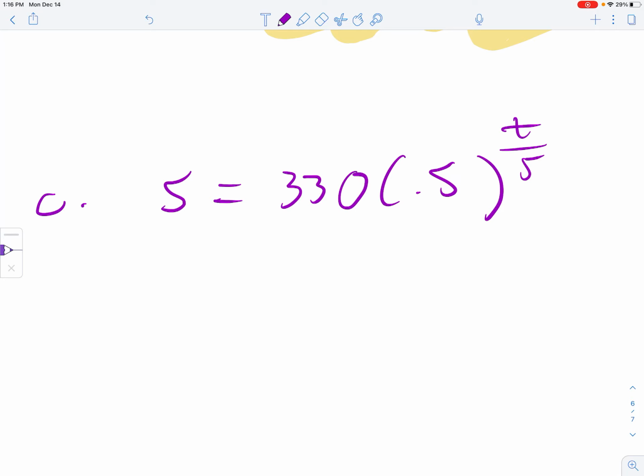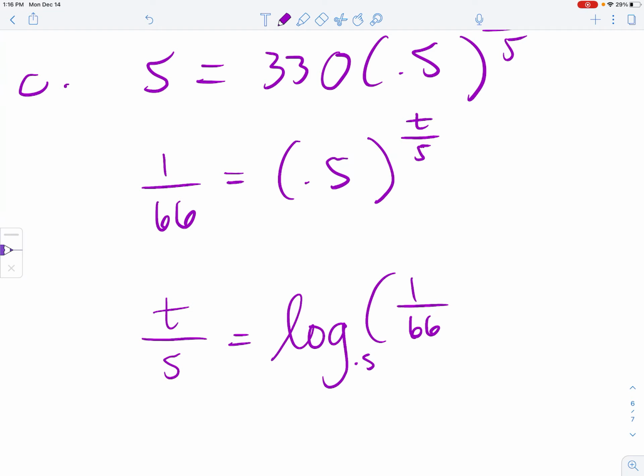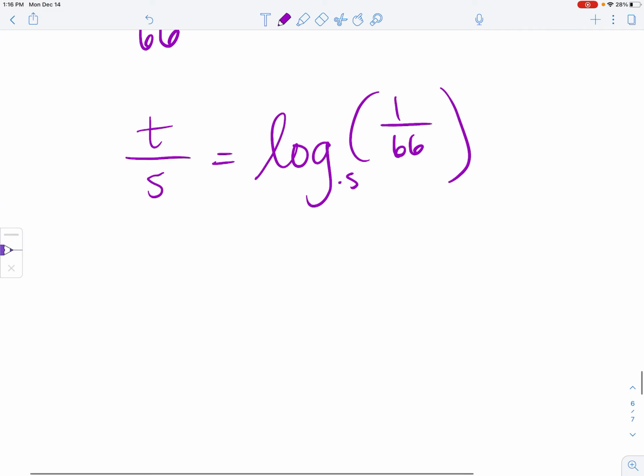And 5 divided by 330 simplifies to be 1/66. Okay, and then rewriting in logarithmic form would be t/5 equals the log base 0.5 or 1/2 of 1/66.